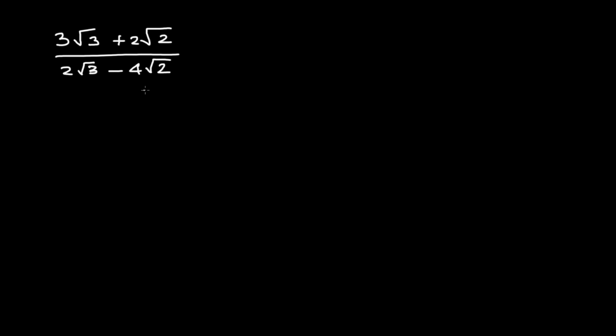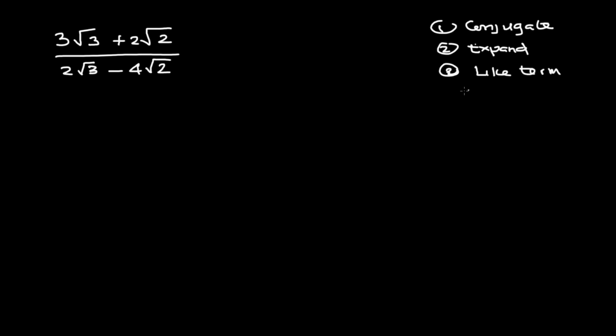In my case, I'm thinking: one, I need to get the conjugate. Then the next step is I want to expand everything carefully. Then third, I'll pick my like terms. And then fourth, just simplify.